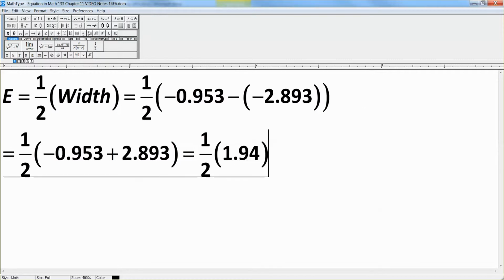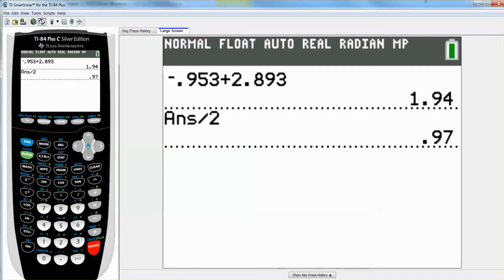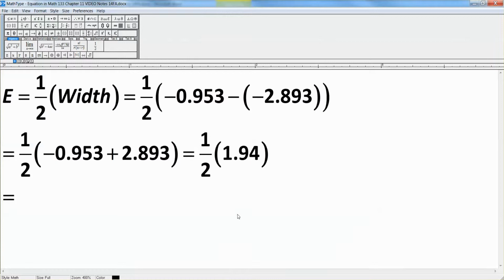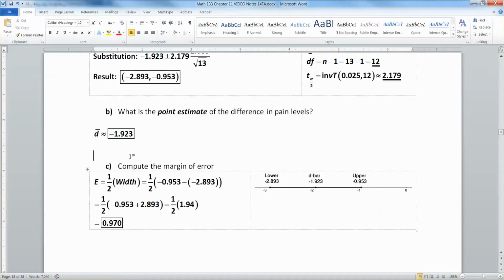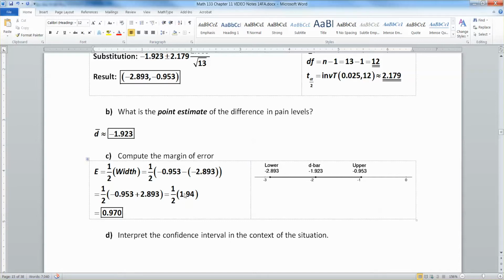That's the distance from one end to the other in that interval, which means it is, drum roll, we're going to divide by 2 and get 0.97. That is our margin of error. It's been a while since we saw that calculation. We saw those last in chapter 9.